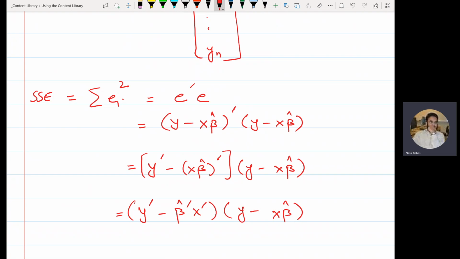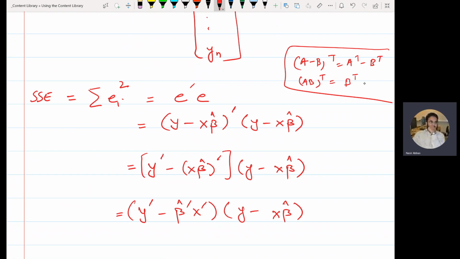Does the transpose of something multiplied by this something have any formula? I used this expression: a minus b whole transpose equals a transpose minus b transpose. Then I used ab whole transpose equals b transpose times a transpose. But if we have x transpose multiplied by x, will that give a specific thing? Of course, it will reverse to be x transpose times x again.